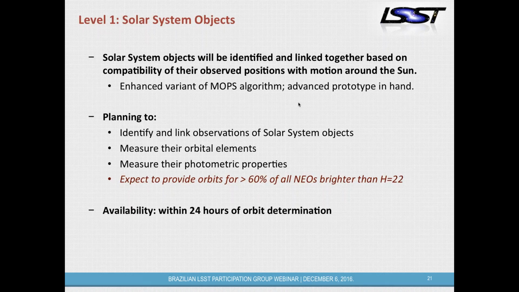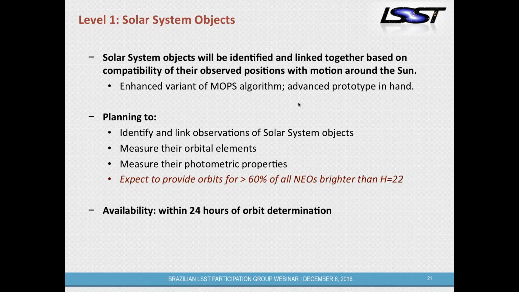Those objects are interesting because if one of them collided with Earth, it would cause continent-scale destruction. So it's very important that we eventually discover and catalog them all, so we can know whether there's any on a potentially problematic orbit that would take it close to Earth, including potentially colliding with Earth. These will all be done within 24 hours of orbit determination.